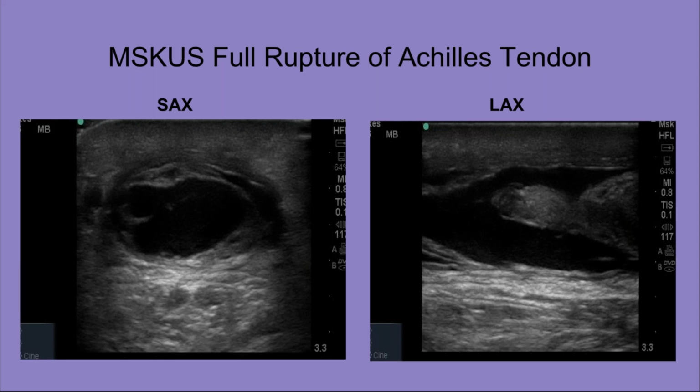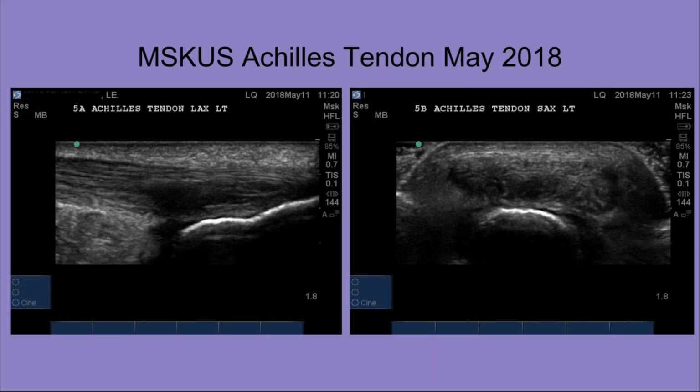So dynamic exam always helps. But whichever special test you do, if you add ultrasound to that, you understand the problem much better. And even with so much swelling around that area and other synergistic muscles around, you can still tease out the specific structure which is injured or abnormal.